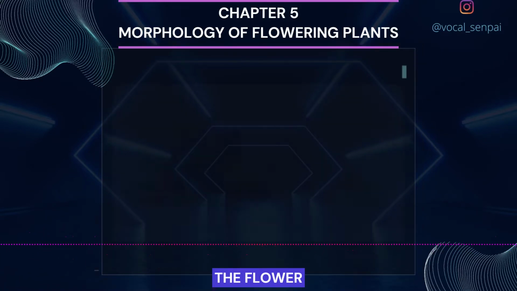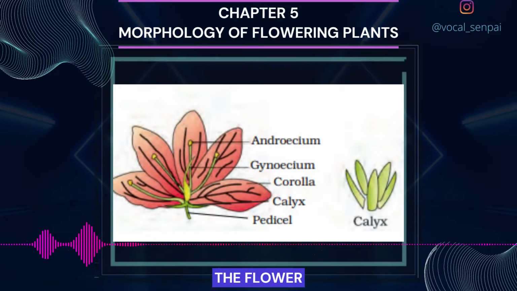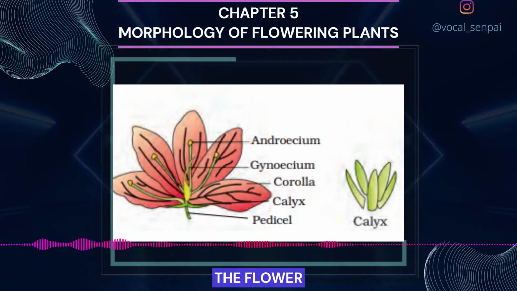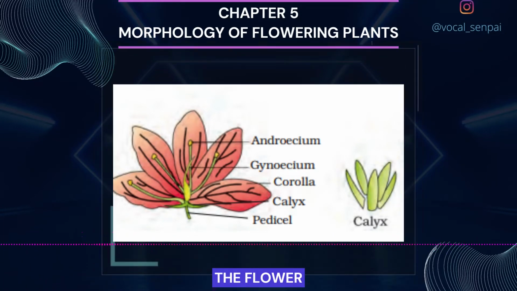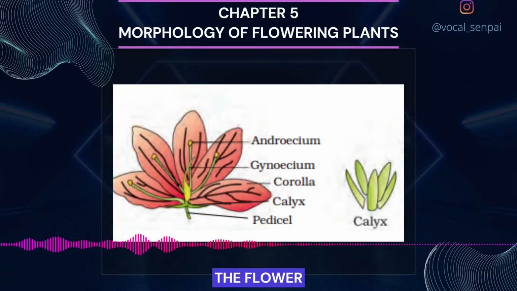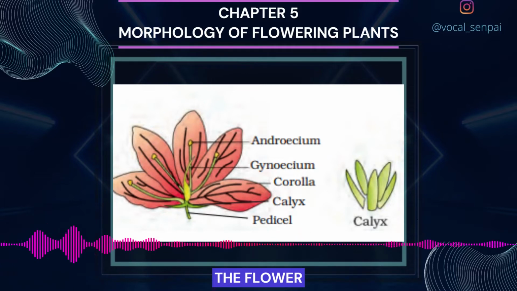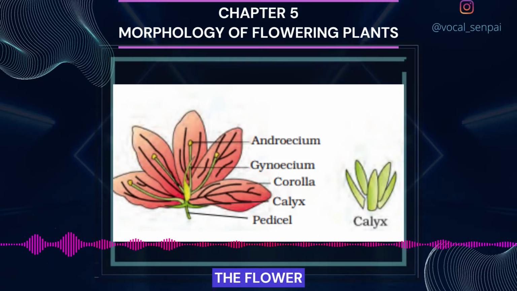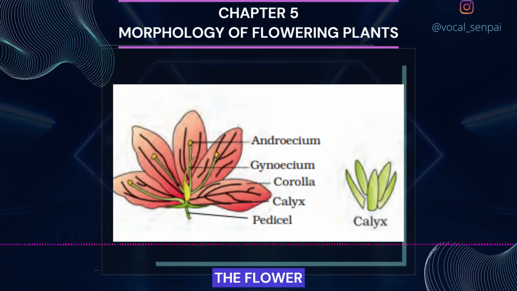Parts of a flower. Each flower normally has 4 floral whorls, viz., calyx, corolla, Androecium and gynoecium, figure 5.14. Calyx. The calyx is the outermost whorl of the flower and the members are called sepals. Generally, sepals are green, leaf-like and protect the flower in the bud stage.